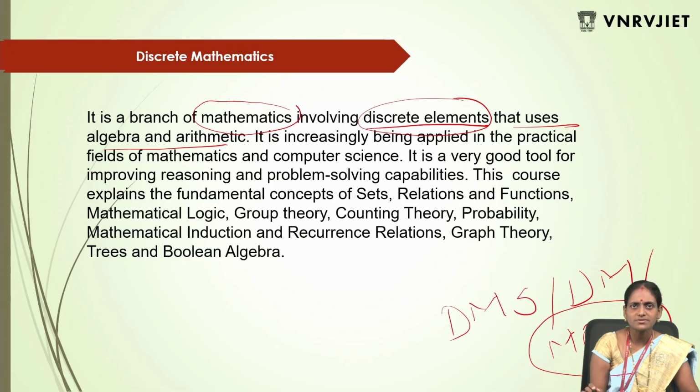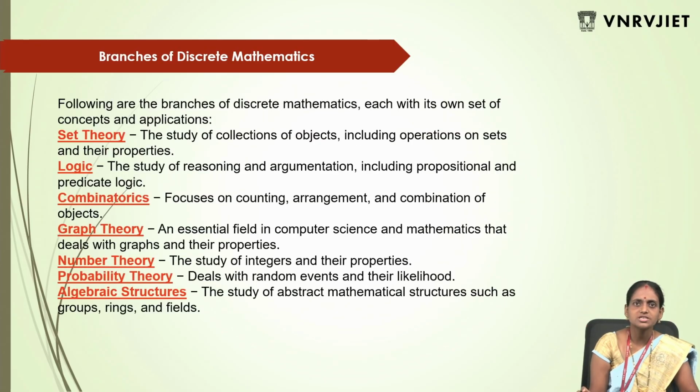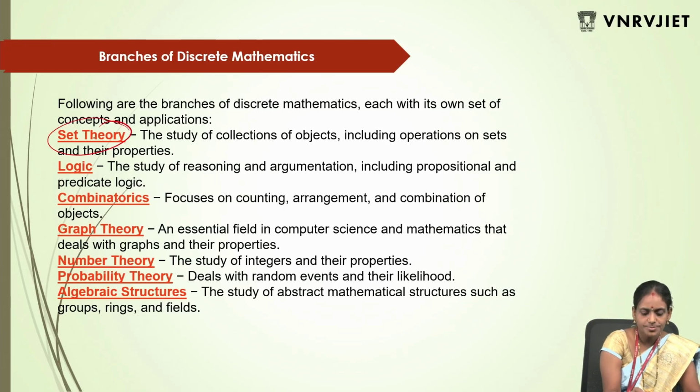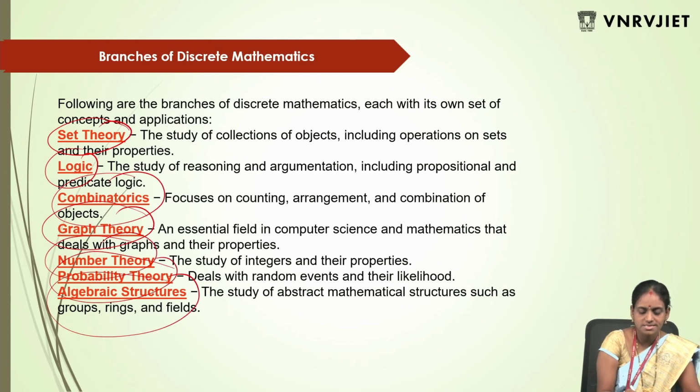Already in the previous lecture I introduced the concepts that we are going to cover in each and every unit. Already we discussed the concept of width and wheel. Now we are going to see the first unit concepts, that is the branches of discrete mathematics: set theory, logic, combinations, graph theory, number theory, probability theory, algebraic structures.